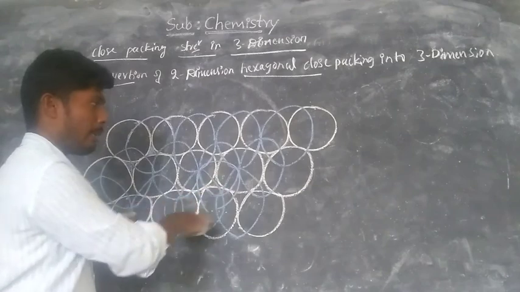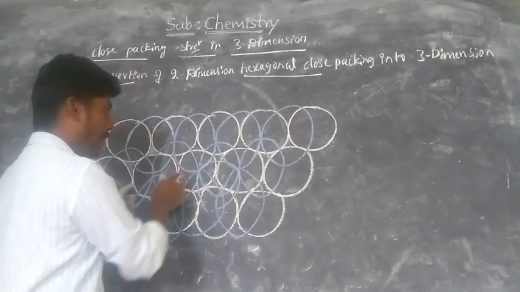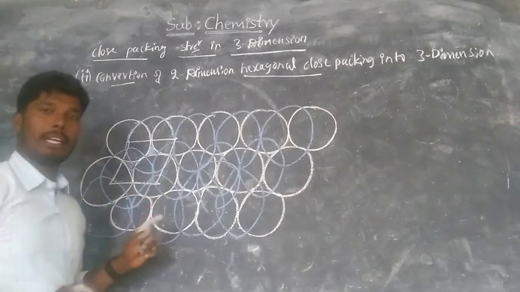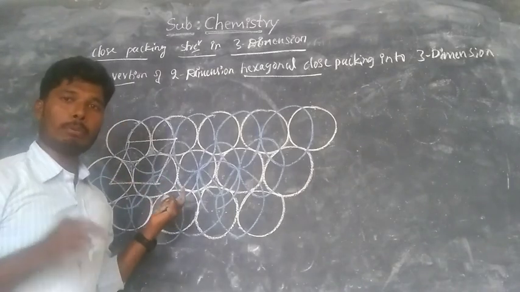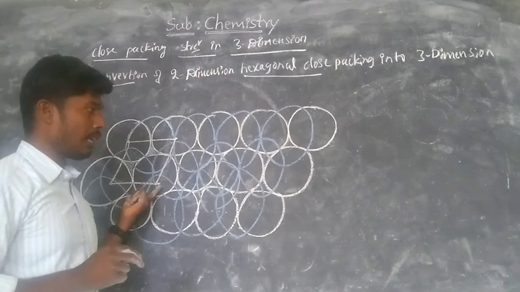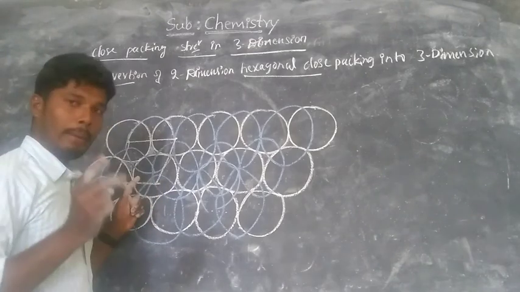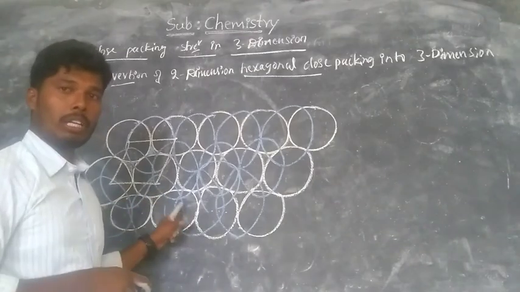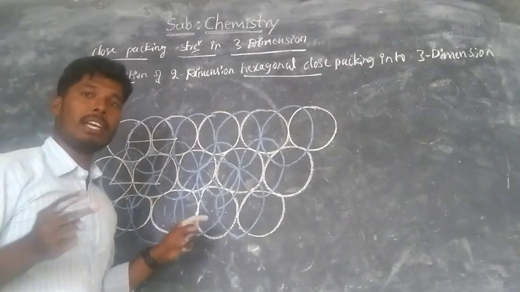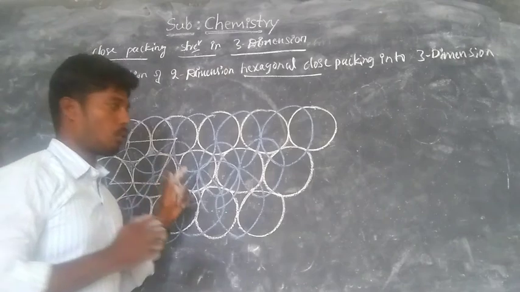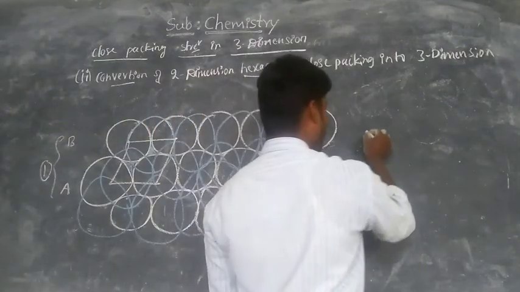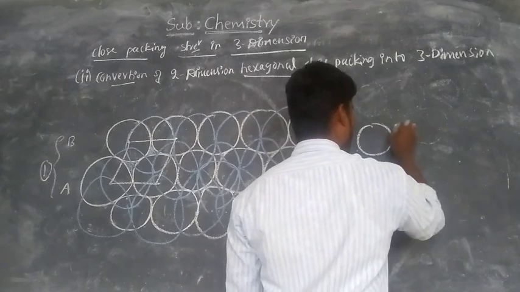Now observe, this can be simply written like this: I take one portion, and here we can see two types of voids in this hexagonal three-dimensional closed packing. We can see two types of nodes. Now observe, in this case the first node, if you take, this is layer 1.